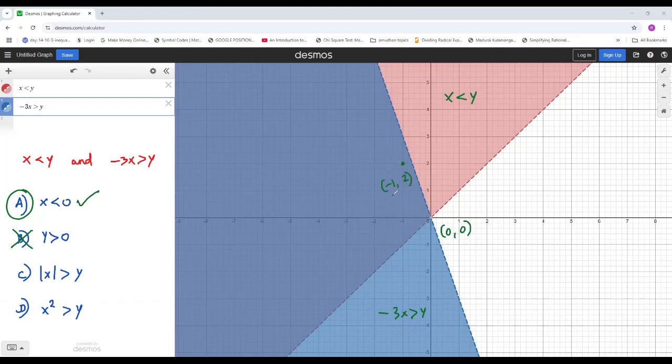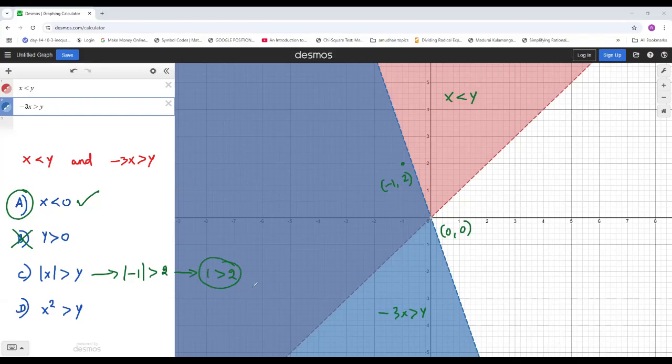At this point, the x coordinate is negative 1 and the y coordinate is 2. I'm going to substitute this point into the inequality in answer choice C. I plug in negative 1 for x, getting the absolute value of negative 1 greater than 2 for y. The absolute value of negative 1 is just 1, greater than 2.